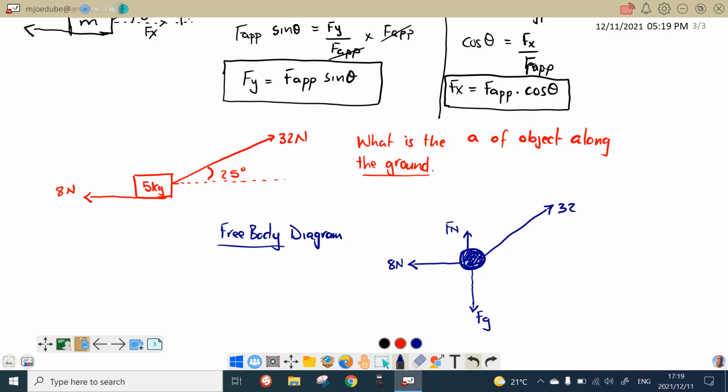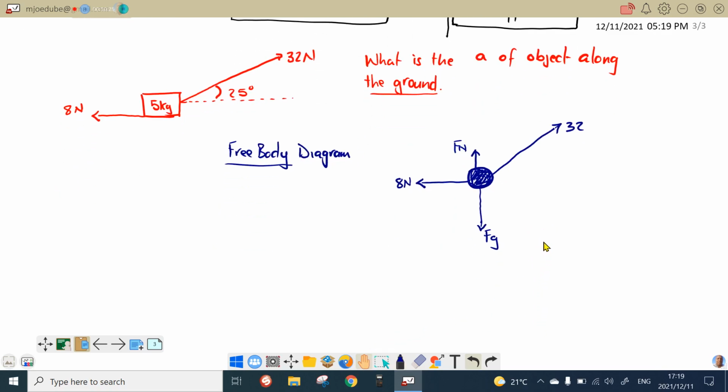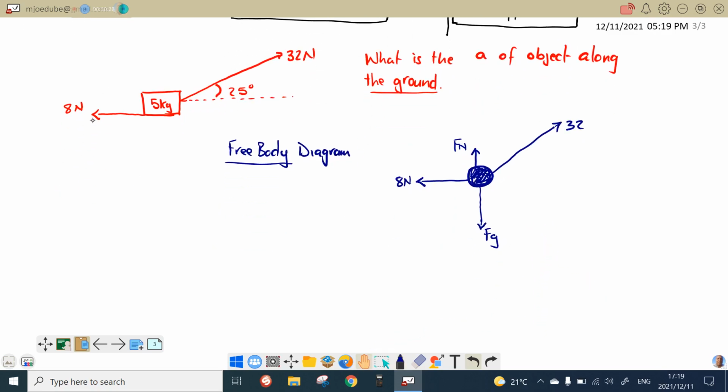From there, you can calculate the net force and determine the acceleration of the object. Therefore, along the ground, in the horizontal plane, this is what we are going to do.